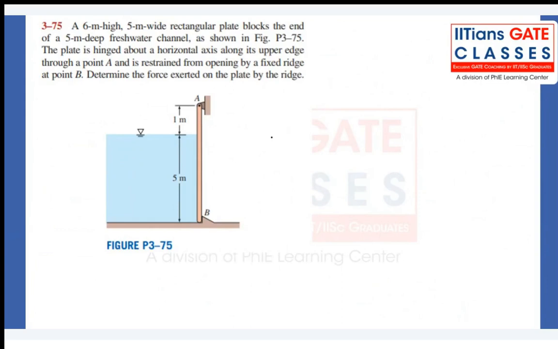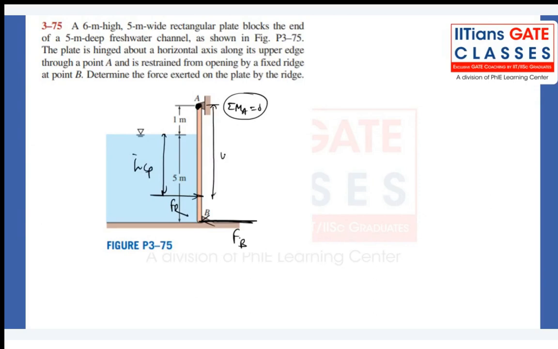Done for all. The same problem we can solve here also. We have to calculate the force at B. The resultant force will be there, and just take the moment about A to be 0. This will be my h bar Cp. This is my resultant moment, Fr into Y. Y will be h bar Cp plus 1. Fb into 6.